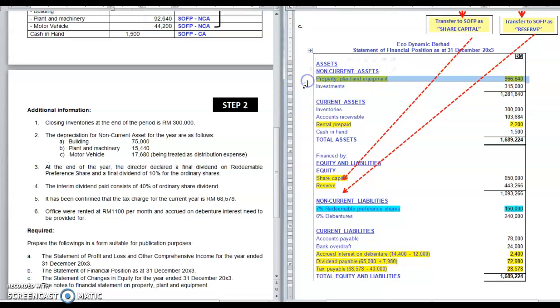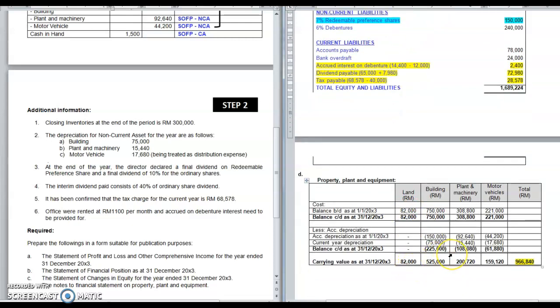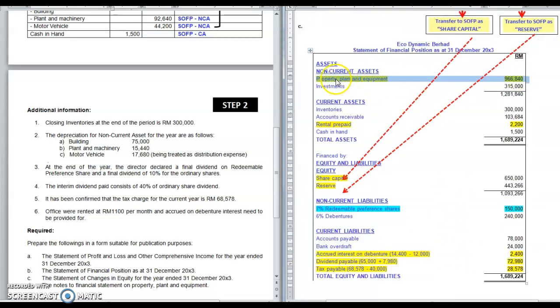Remember, you need to summarize the item first in form of notes to the property, plant and equipment, and only then you transfer it to the face of the statement of financial position under a single item called property, plant and equipment. Okay, so the rest of the item you will record as usual.